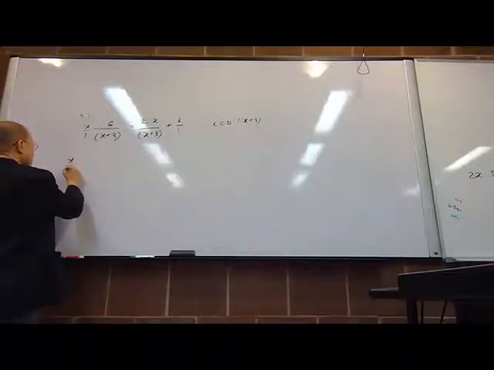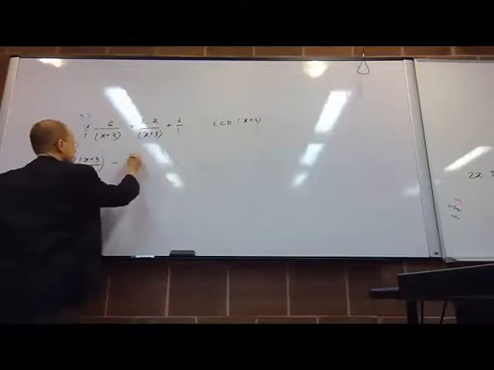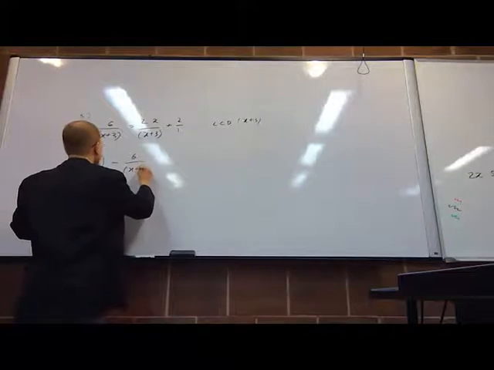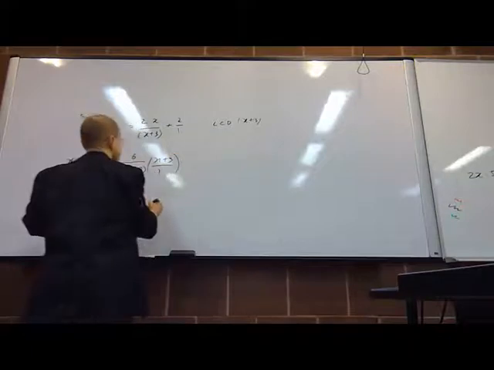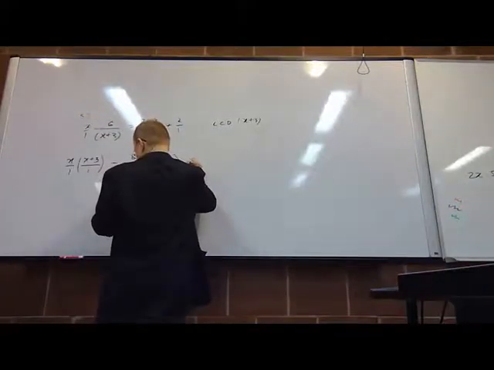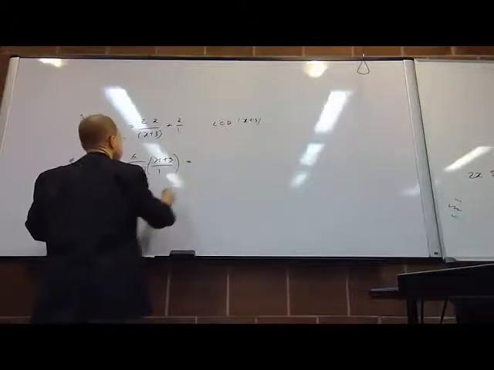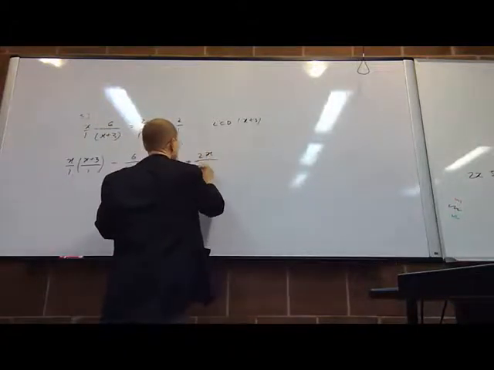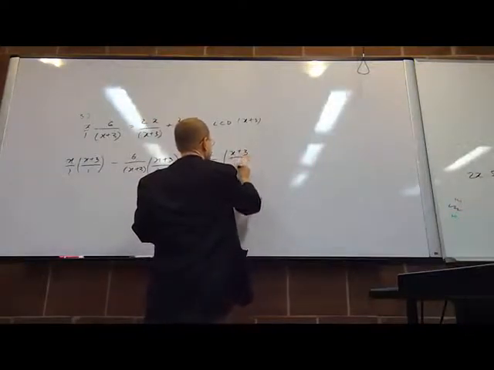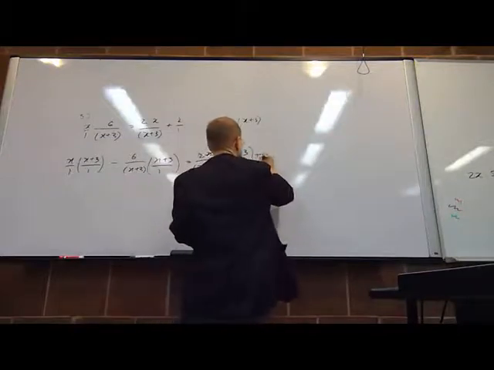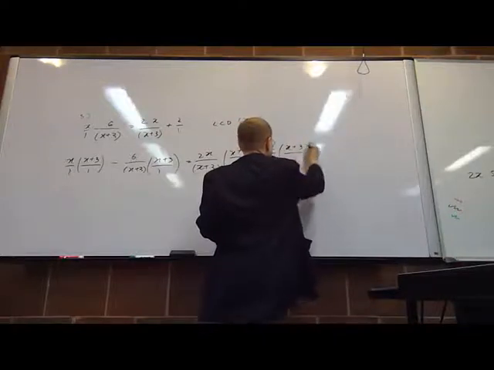So we have x over 1 minus 6 over x plus 3, times x plus 3 over 1, is equal to 2x over x plus 3, times x plus 3 over 1, and then plus 2 over 1, times x plus 3 over 1.